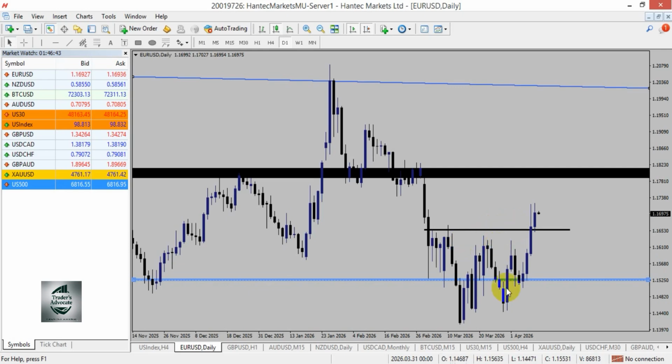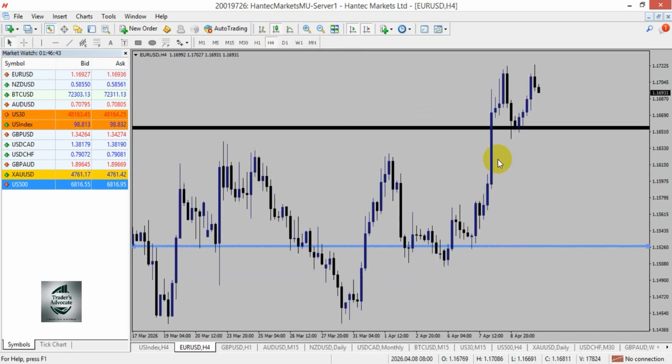So at this point, our mindset should be wired for reversal to the upside. Why so? Because we formed a reversal pattern on a major level. As traders, we react to what the market is telling us. We align ourselves and we react to what the market is telling us. So now that I've seen this inverse head and shoulder pattern, my mindset is already wired for reversal to the upside.